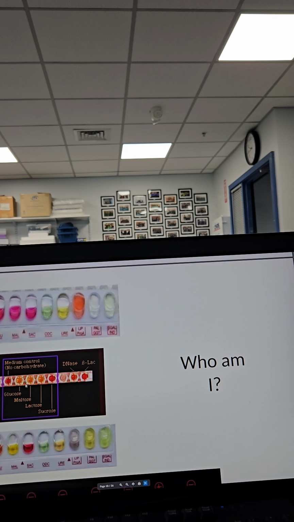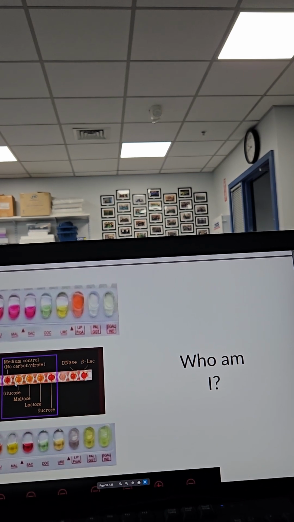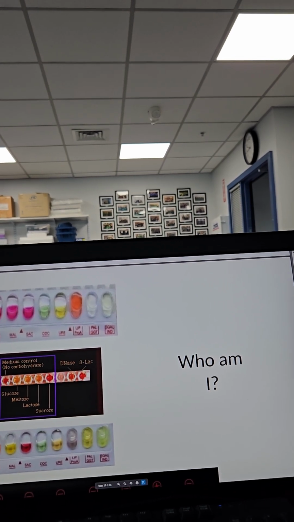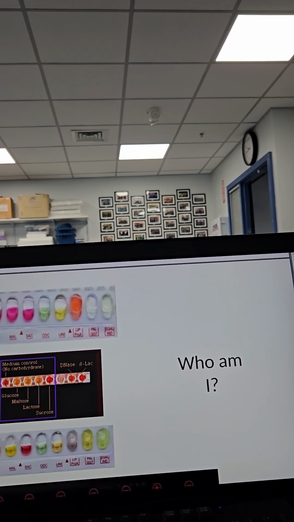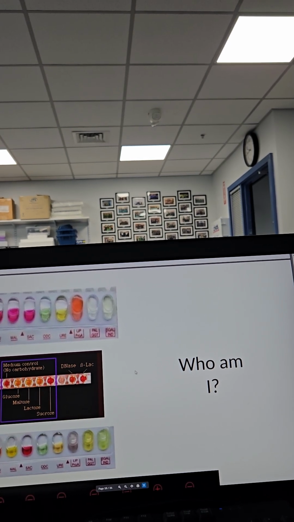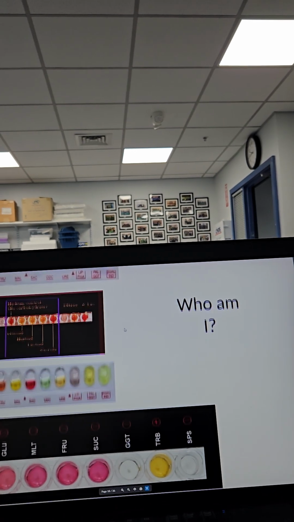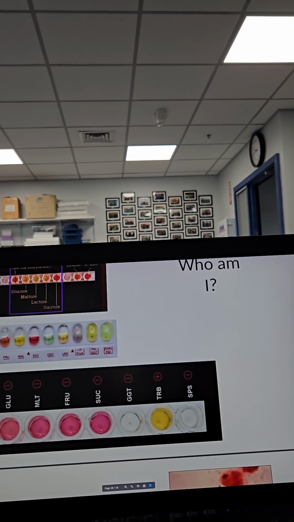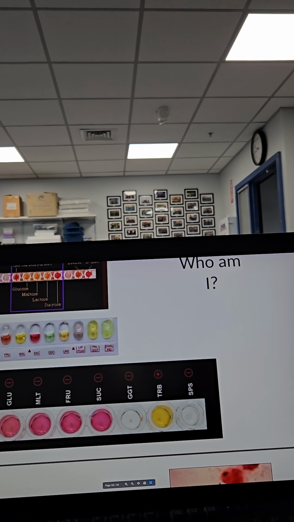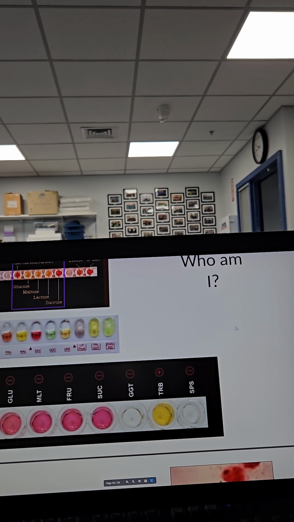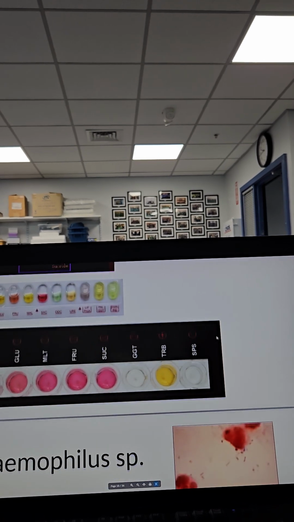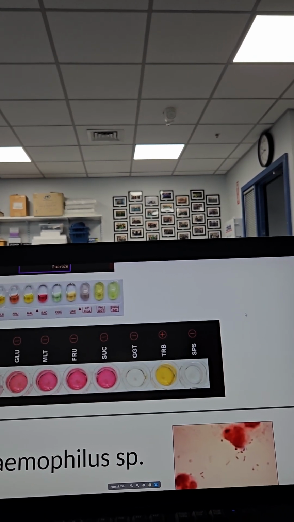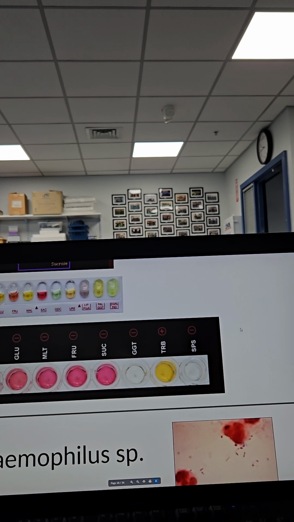Gonorrhoeae. Now this one did glucose, maltose, and lactose. So that's lactamica, right? And this one did glucose and maltose, and glucose and maltose would be meningitidis.